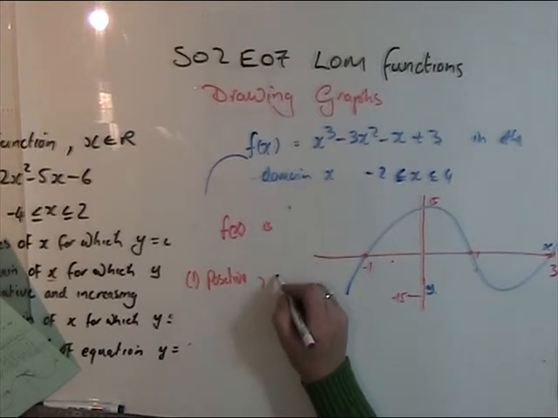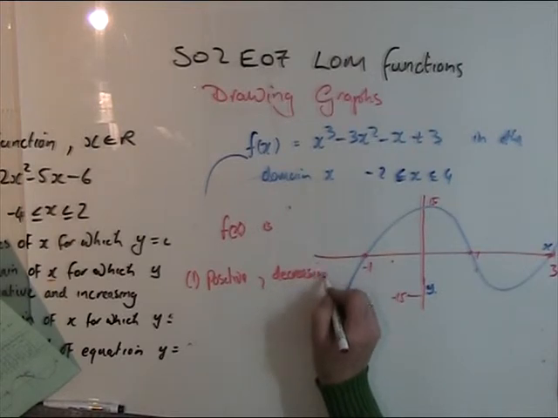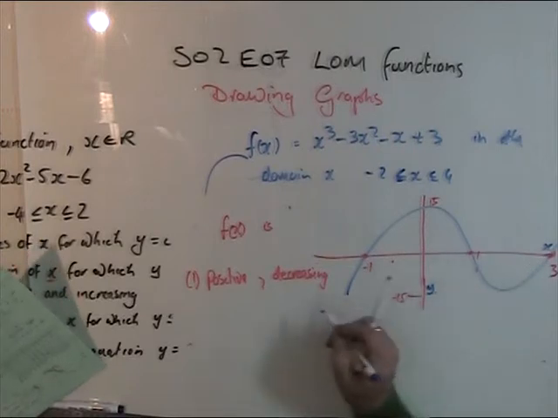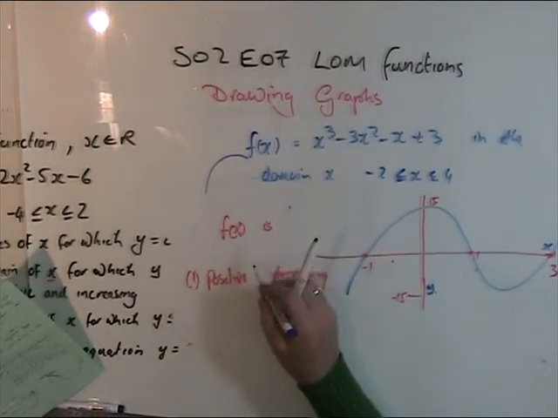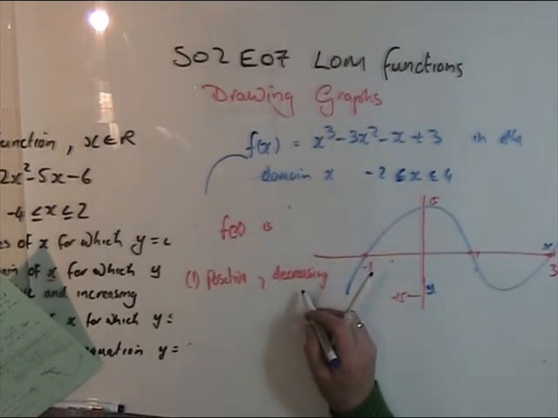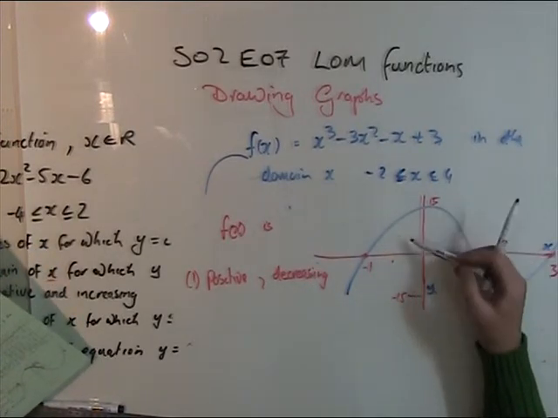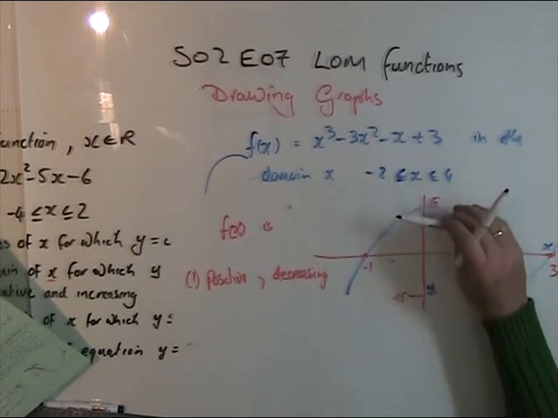And decreasing, it says here. This one is where it's positive and decreasing. Where is f of x positive and decreasing? F is positive everywhere above here, so that's y.